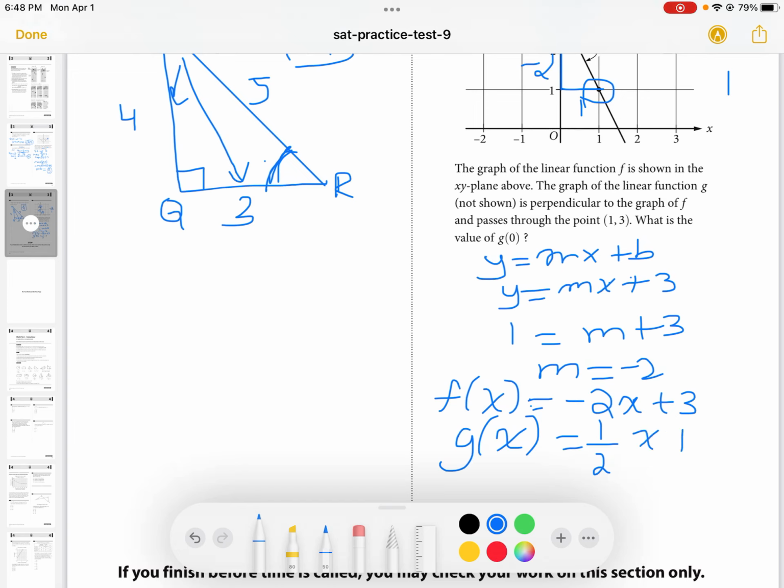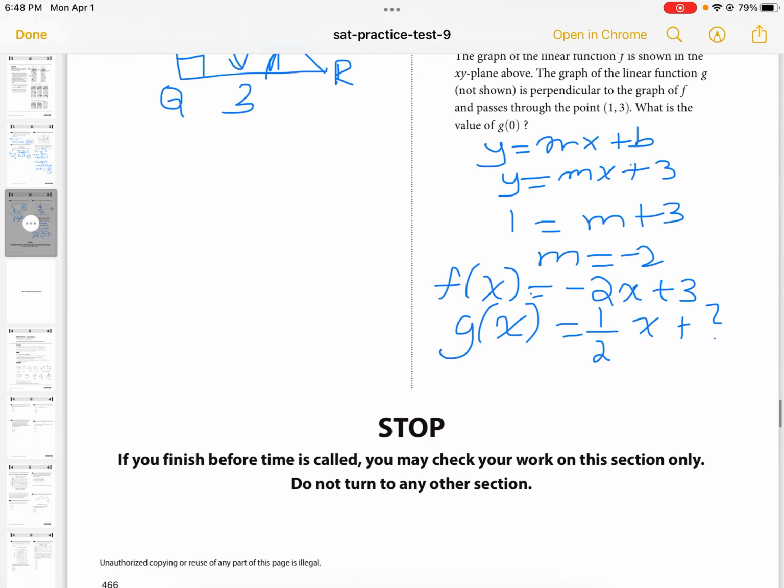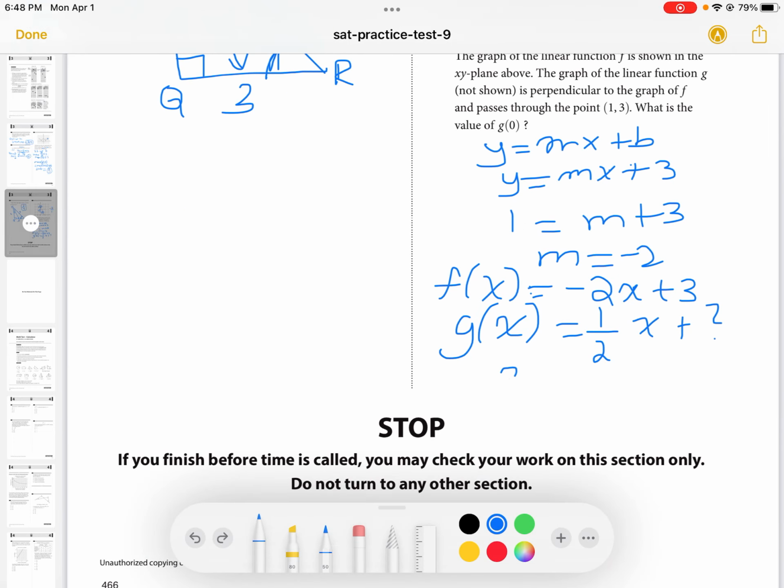So it'll be 1/2 x plus some y-intercept value we don't know yet. But we do know that the graph of g passes through 1, 3. So we can plug it in. 3 is equal to 1/2 times 1, which is 1/2, plus our b value. So b will be 2.5.